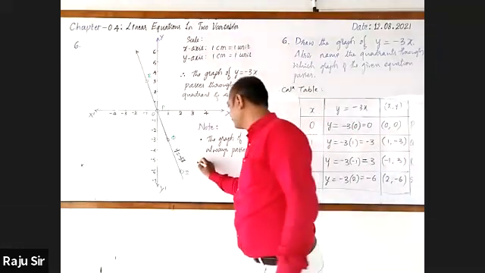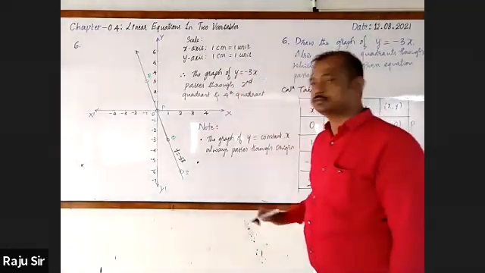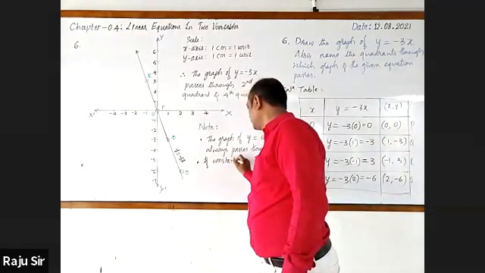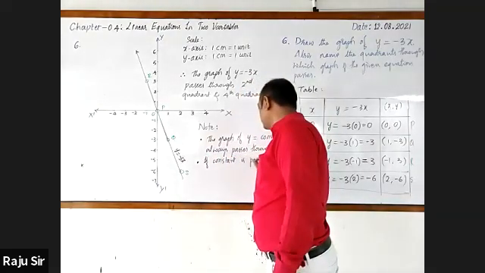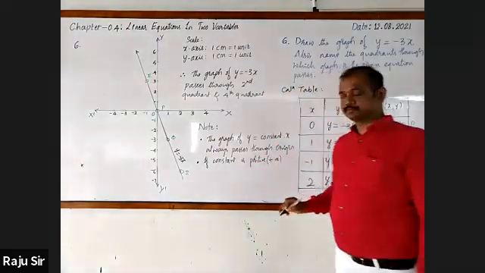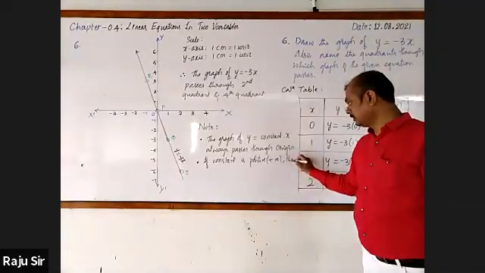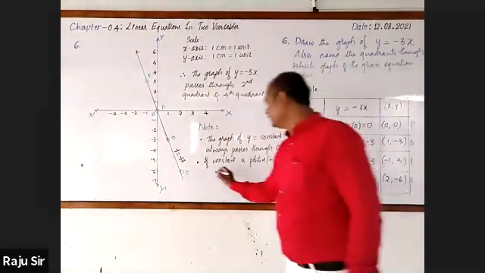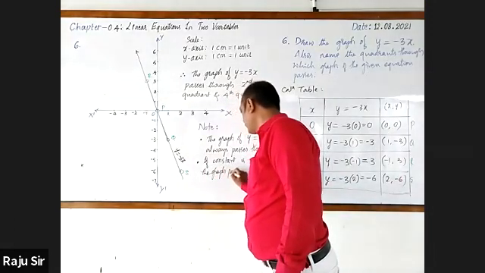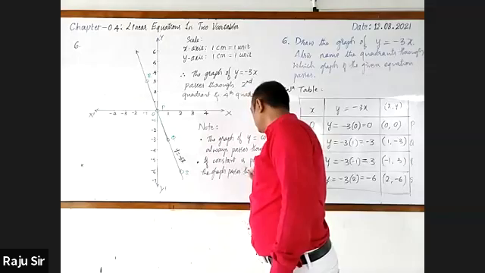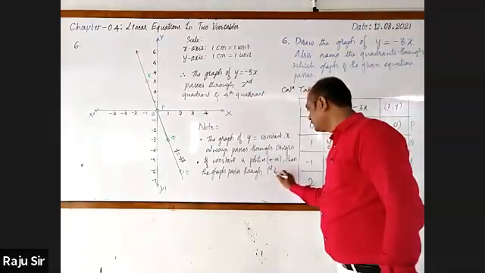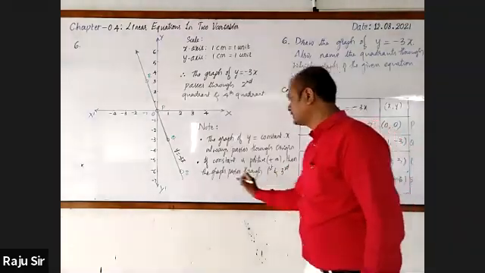Next, if the constant is positive, tell the quadrant. First and third quadrants. Then the graph passes through the first and third quadrants.